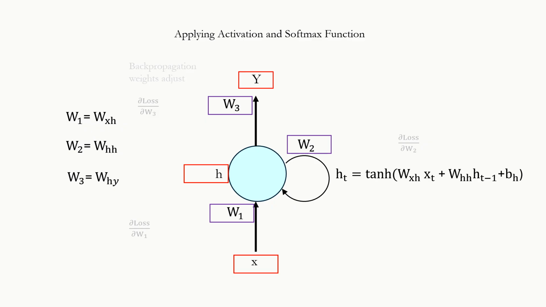So this is the activation function in the ht. We've got tanh(Wxh xt + Whh ht-1 + bh), where bh is the bias. Then we've got the softmax, right? It's Why ht + by, right? Because we're going from the hidden to the output.